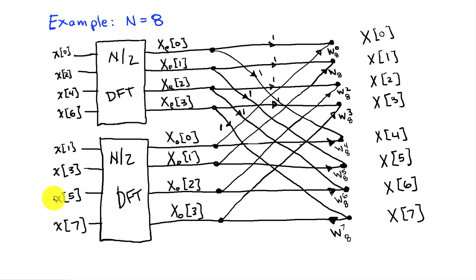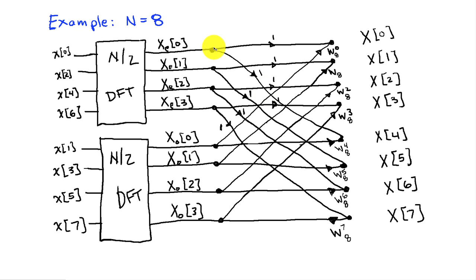And then down below we have the odd index terms, x1 through x7, and those go through another N over 2 point DFT to produce the DFT coefficients associated with the odd index terms. And this next stage does the combination of the even indexed and the odd indexed DFT coefficients in order to get the DFT coefficients of the entire sequence.